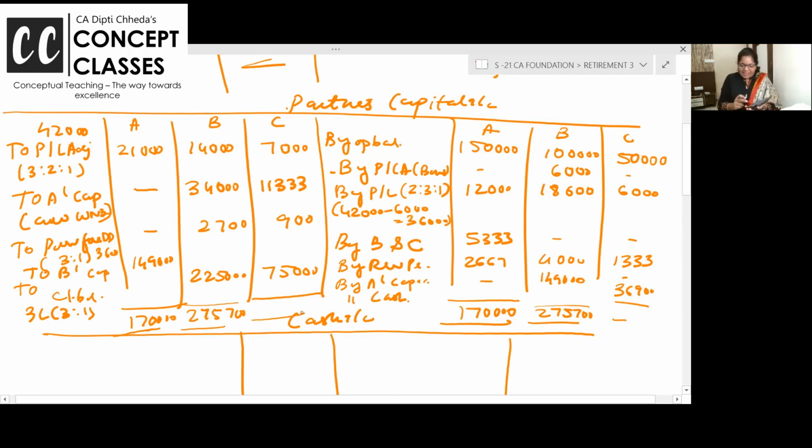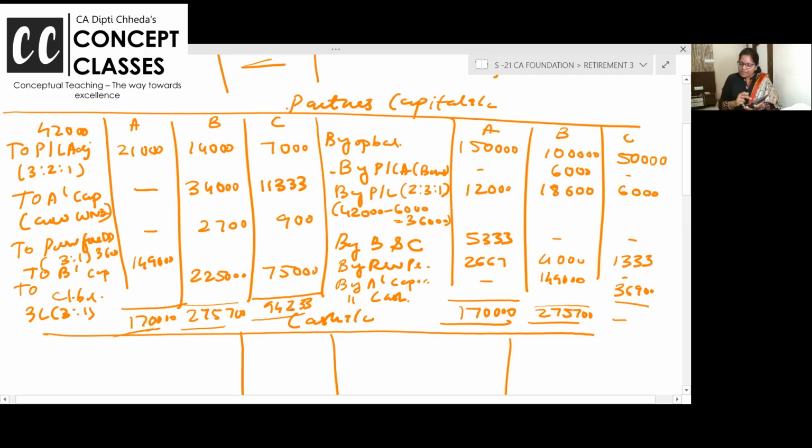All of you also please do the totals. 7,000 plus 11,333 plus 900, and it was decided that 75,000 should be the closing capital. So 94,233 minus 50,000 minus 6,000 minus 133, 36,900 cash C is going to get.